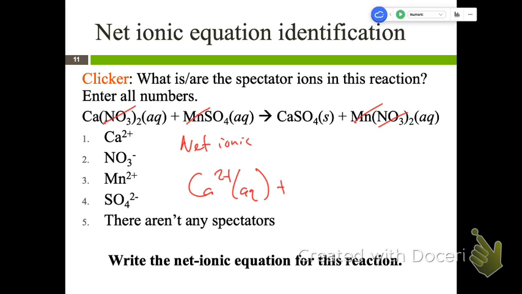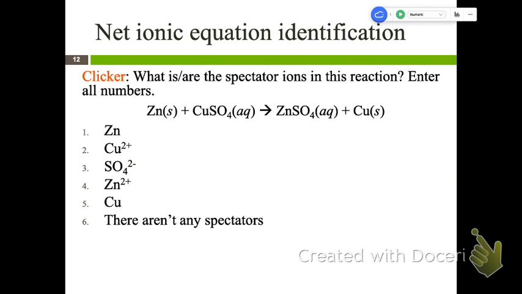What else do we keep on the left side? SO4 2-. And then on the right side? Is this a little bit simpler than writing out the total ionic and then the net ionic? Either way is fine. I don't really mind whichever way you go about it.